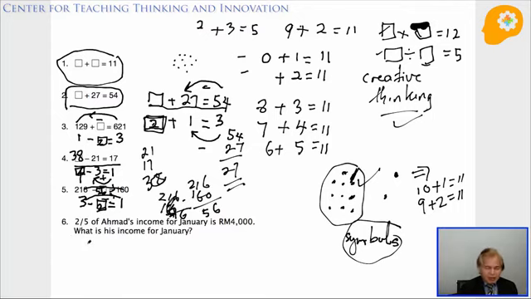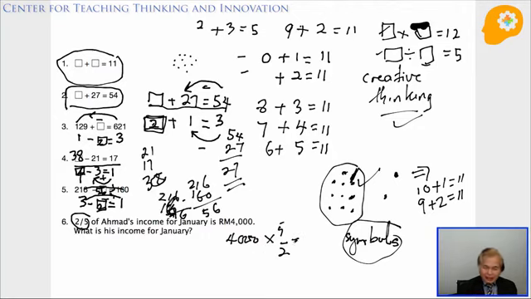For example, coming across this type of question, the tendency for some parents when their kids ask them is to say, okay, simple, you take 4,000 and then you multiply, you invert this one, 2 over 5 becomes 5 over 2. This is very bad. This is not going to help your children to think.